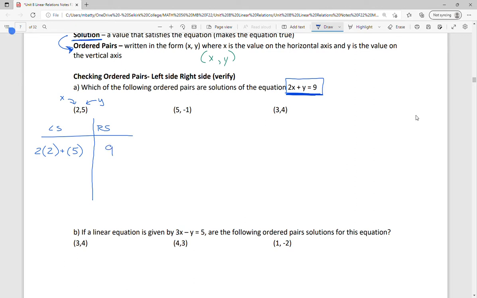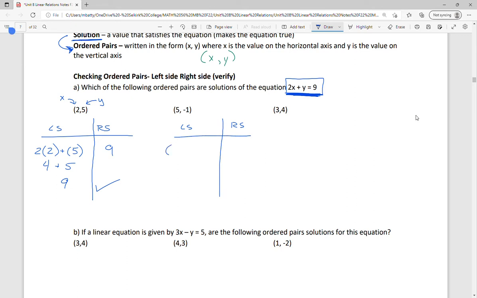So hopefully the left side equals the right side, and it verifies that this is a solution to this equation. This is a point on this line. So we have 4 plus 5, so 9. Yes, this would be a possible solution.